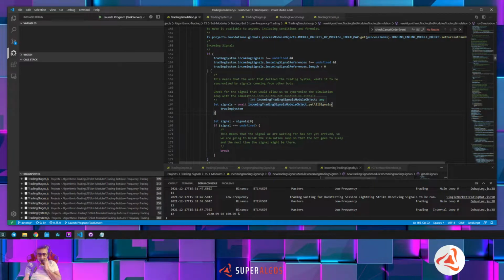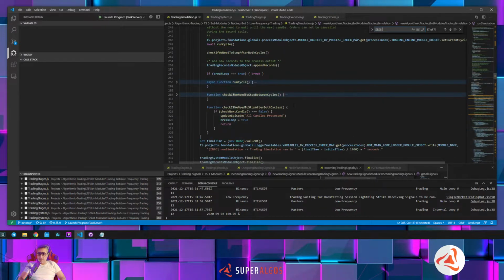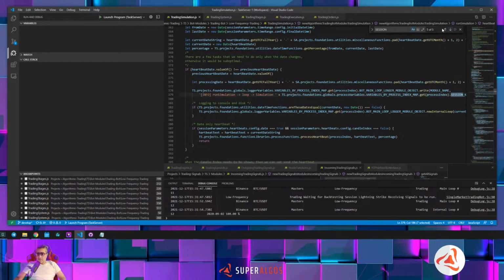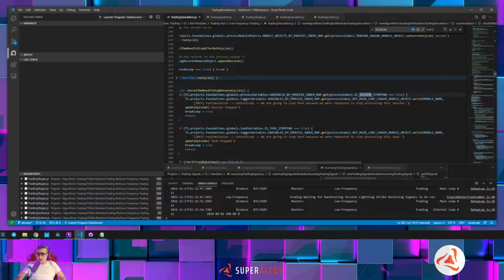Maybe I can take it out of the loop if the session is stopped, for instance. At some point we are checking if the session is stopped. Here, for instance, we're going to stop because we were requested to stop processing this session.